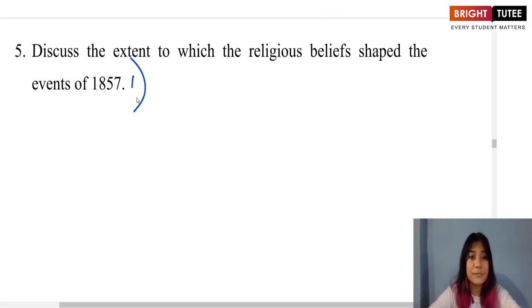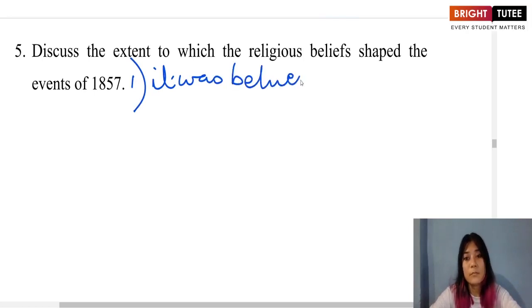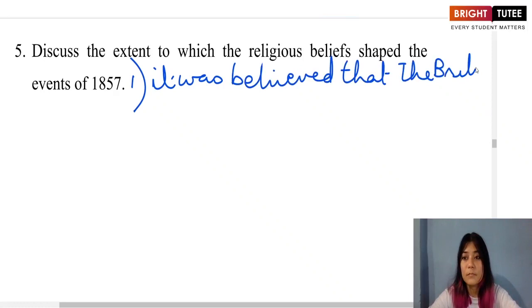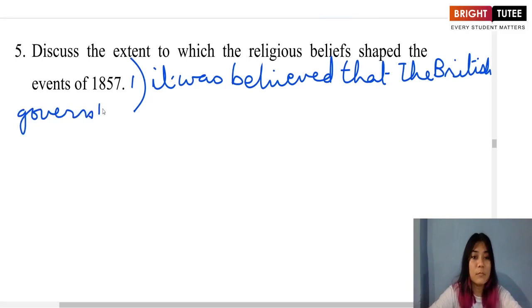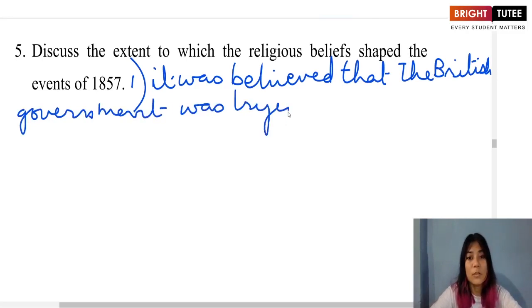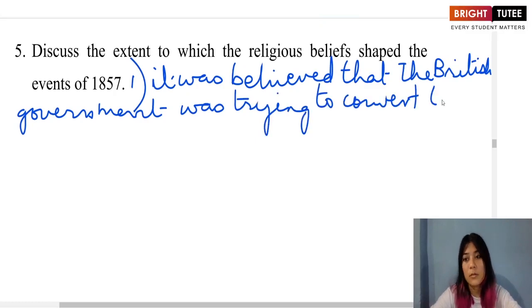First, it was believed that the British government was trying to convert the Indians to Christianity.